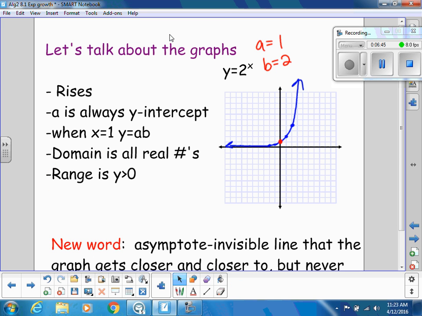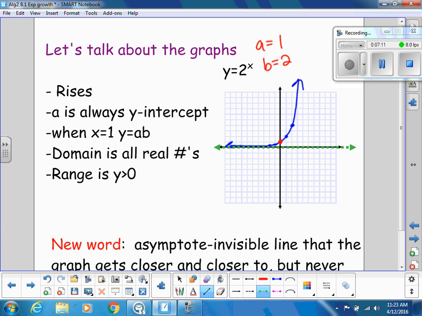And then after domain, we're going to talk about range. Notice that my range is always going to be y is greater than 0. So even when I was plugging in negative numbers, my answers were always positive values. And you see on the graph that it really doesn't go below right here. It doesn't go below my x-axis. So y has to be greater than 0.